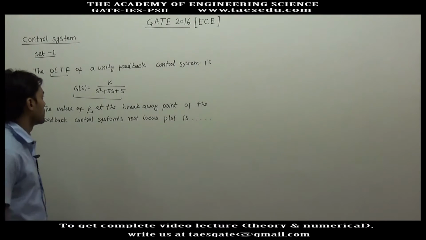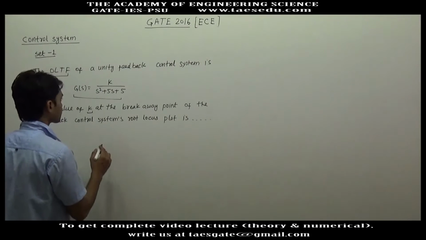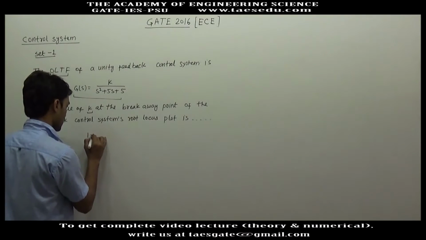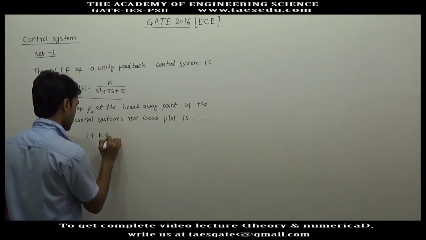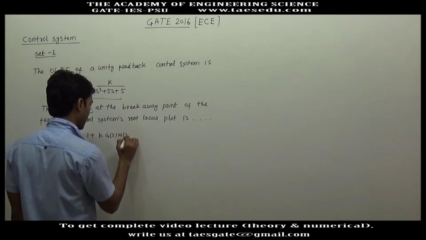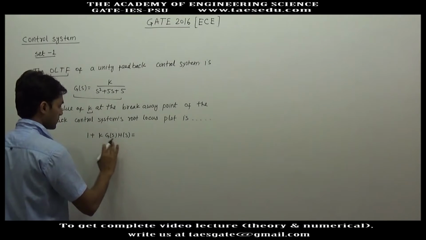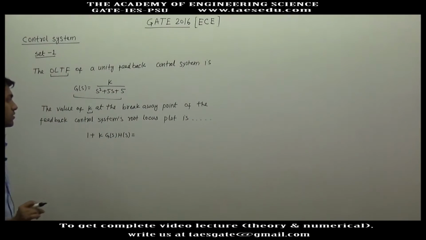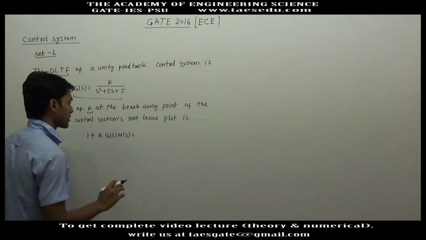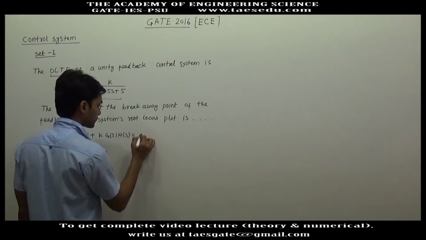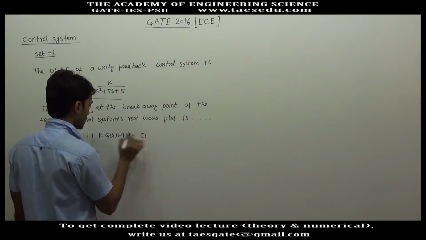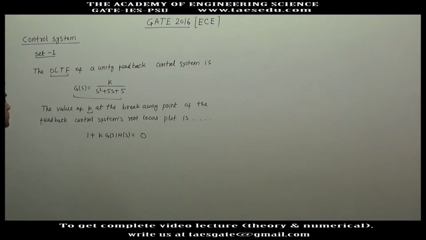So to find out the breakaway point, what do we do? We write the equation 1 plus K G(s)H(s). This will give you the characteristic equation of the closed loop system, and on the root locus 1 plus K G(s)H(s) will be 0.